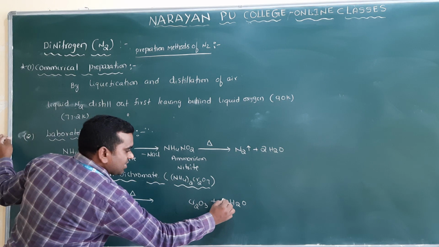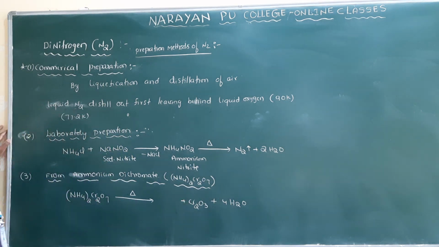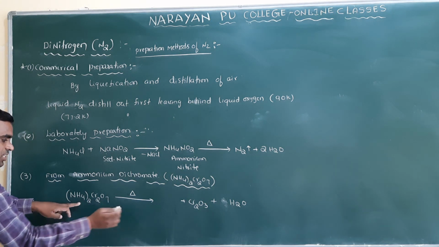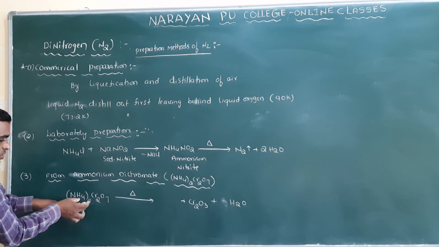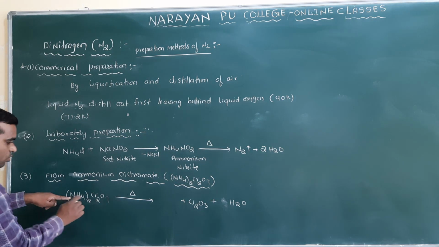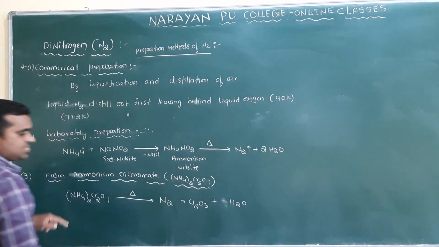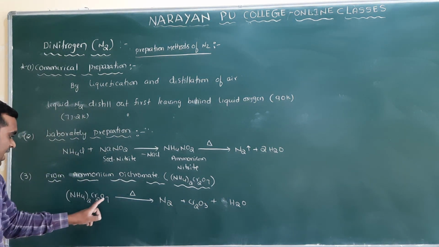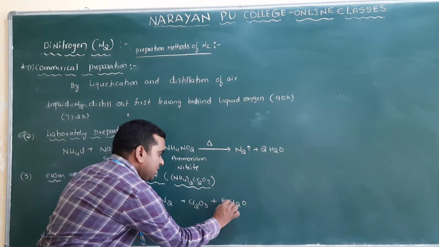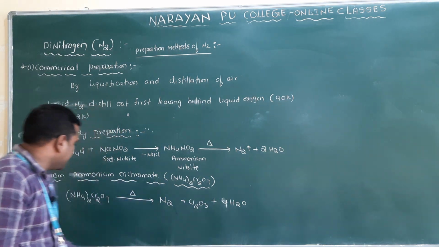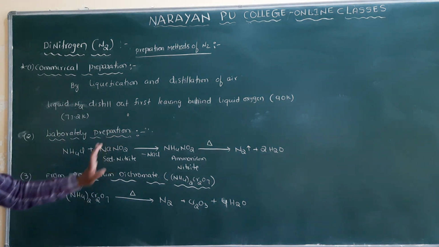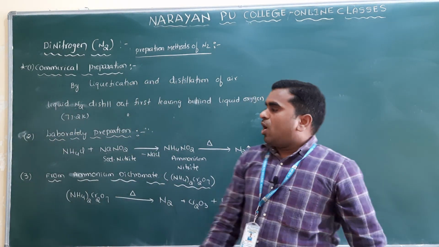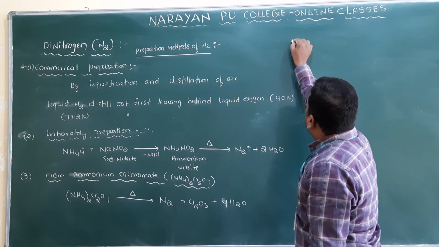Cr2O3 is removed, and the remaining oxygens and hydrogens will be removed as water. Next is N2, that is only N2, clear? Then balance here: there are 3 oxygens and 7, and here 4 should be there, so you have to multiply this one with 4. 4 into 2 is 8, and 2 into 8 is 8. That is the preparation of nitrogen from ammonium dichromate.